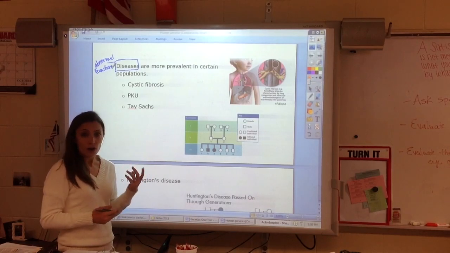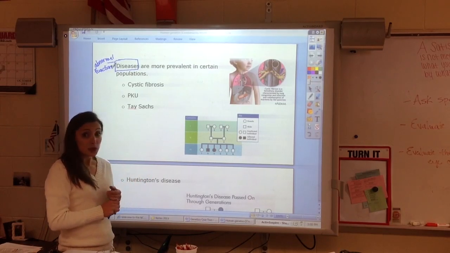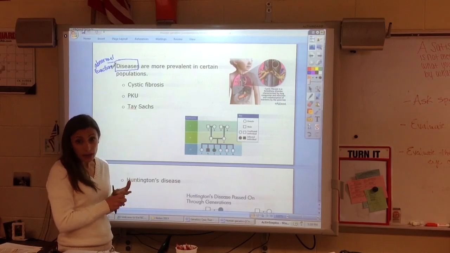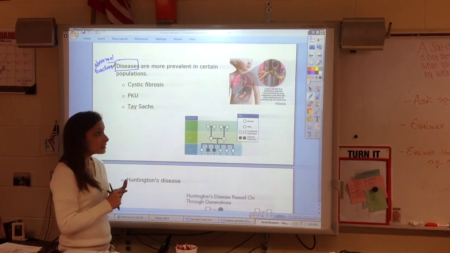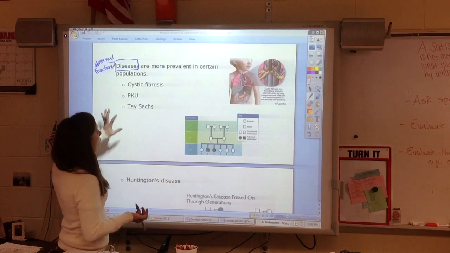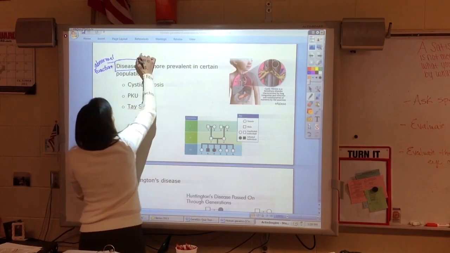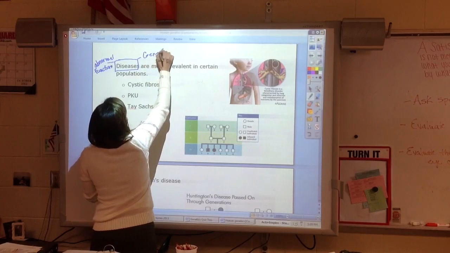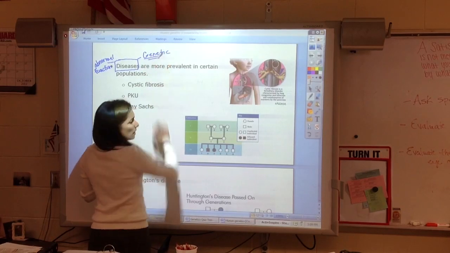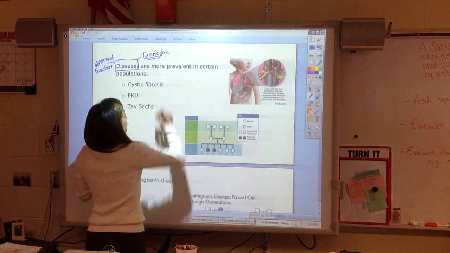So there are diseases that you can transmit or communicate to other humans, such as the flu. Here we're really looking at genetic diseases. And so we want to take a second and make sure what we really mean about gene or genetic.